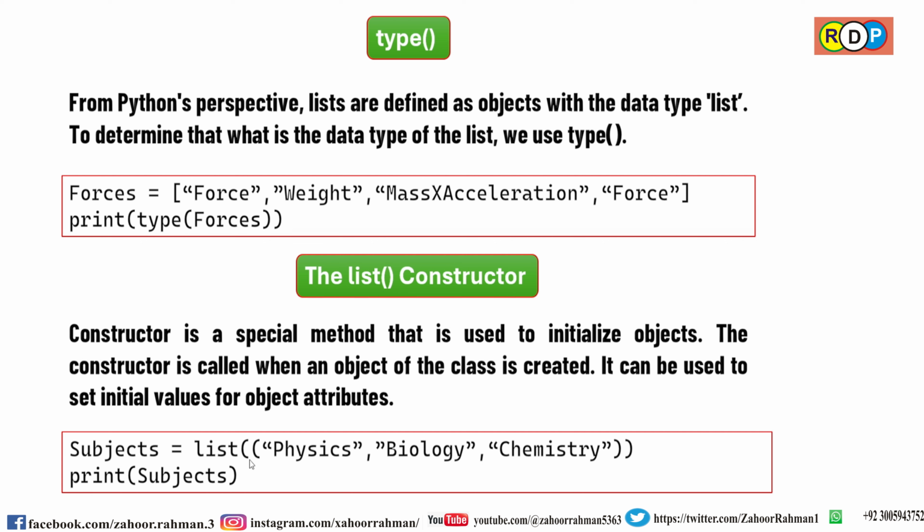So attention must be paid to these parentheses when you are using it as a constructor. In this case, physics, biology, chemistry are the elements, and if I want to print the subject, it will exactly print the subject as in the previous elements.